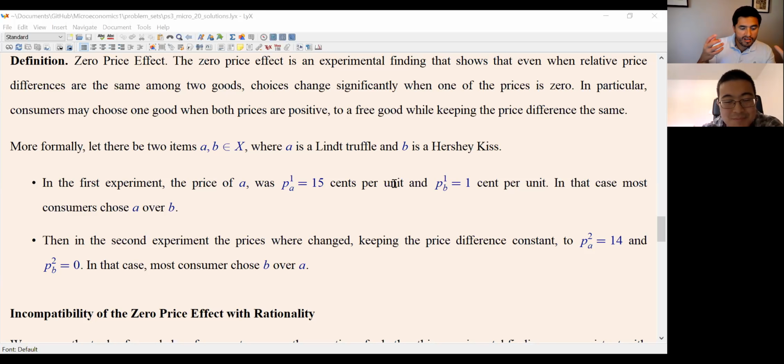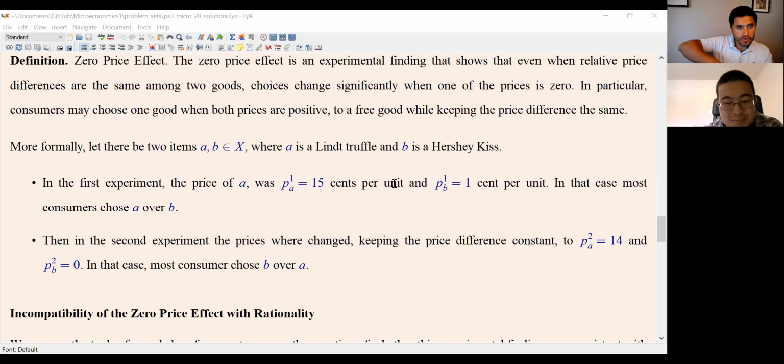You have this really great high quality Lindt chocolate versus the Hershey's, which is average chocolate. And then you have treatment and control. For the treatment, you decrease the price by 1 cent for each of these two goods, keeping the difference of prices the same. And then you see a huge change just because you went from 1 cent to zero price.